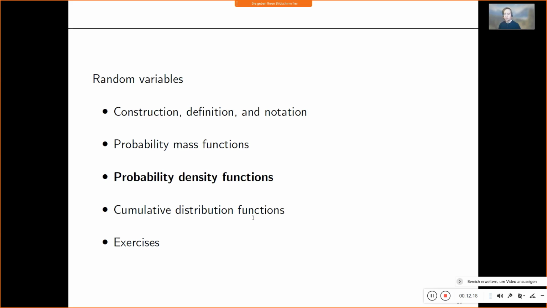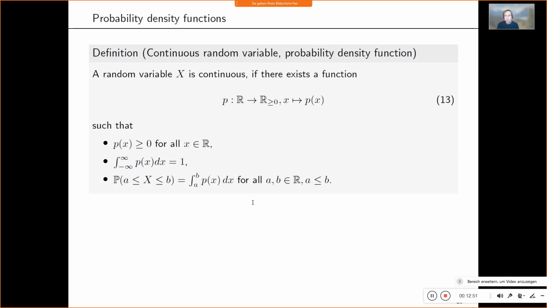In my life, probability density functions play a bigger role, and classical frequentist statistics, specifically linear models that have some Gaussian assumption in them, are based more on continuous random variables and probability density functions. But I guess there are also a lot of discrete random variable models out there. For me, probability density functions are a little bit more important, and for classical statistics in the linear model scenario definitely as well. So what are probability density functions?